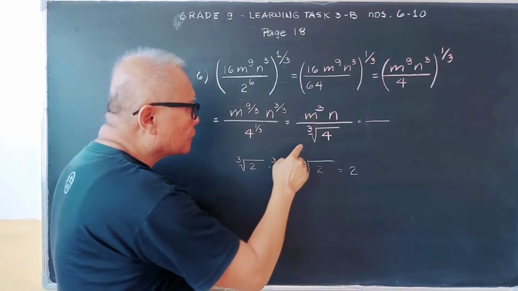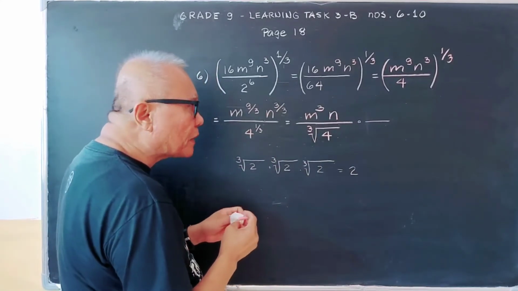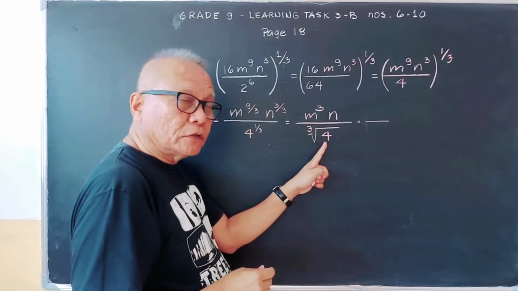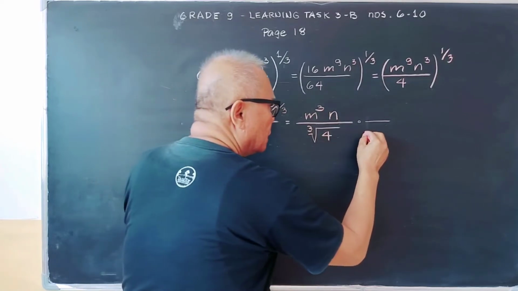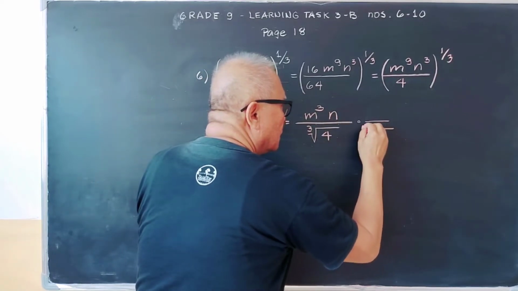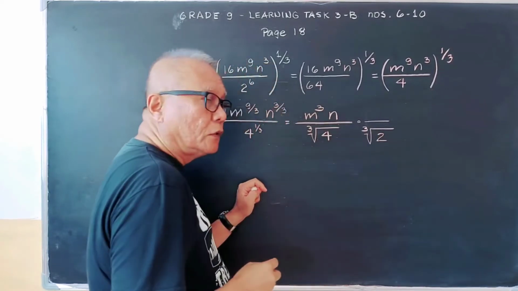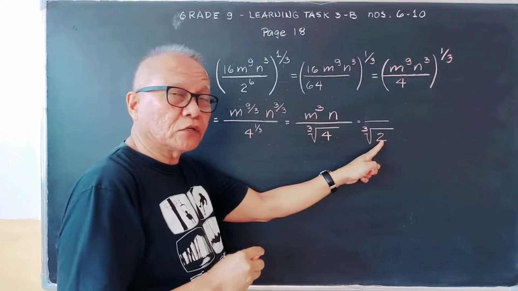So, dito, itong cube root of 4, ano ang gawin natin para ma-cube root natin? Wala namang cube root ng 4. So, yung cube root ng 4, ita-times natin ng cube root of 2. Okay? Cube root pa rin, hindi square root of 2. Huwag nyo yung cube root of 4 ito. 4 times 4 magiging cube root of 16.